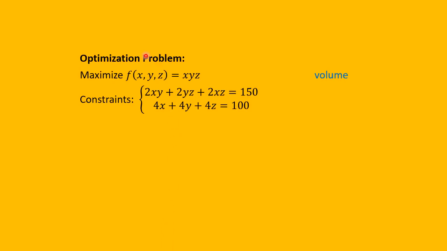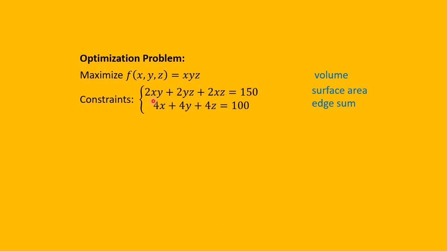So we'll consider the following optimization problem. We want to maximize x times y times z, which is the volume of that box. And let's call x times y times z the function f of x, y, z. We are also going to have constraints. One constraint on the surface area and another constraint on the sum of all the edges. The surface area is 2xy plus 2yz plus 2xz, and the constraint was that has to equal 150 square units.